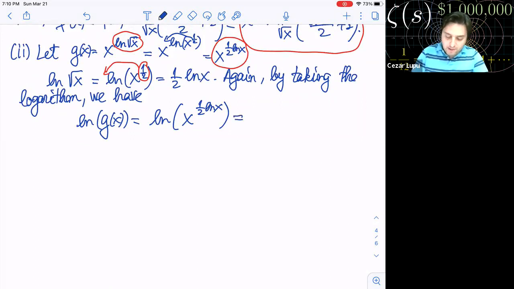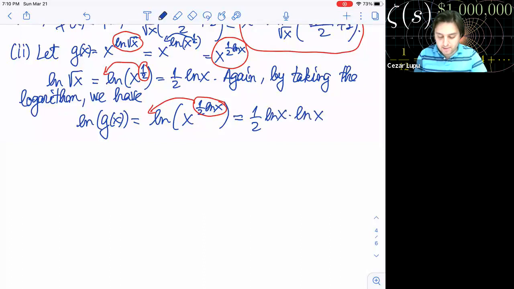Since I'm taking ln and I have x to the power this quantity, I can take this quantity out. So this would be equal to 1/2 ln of x times ln of x. That's nice, right? Or which will be equal to 1/2 ln of x, everything squared. Great. Now we can take the derivative.